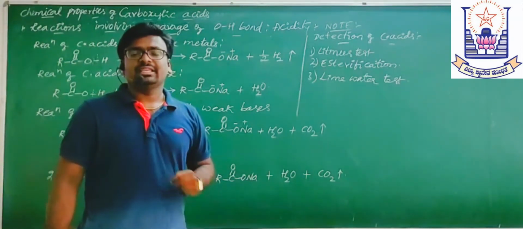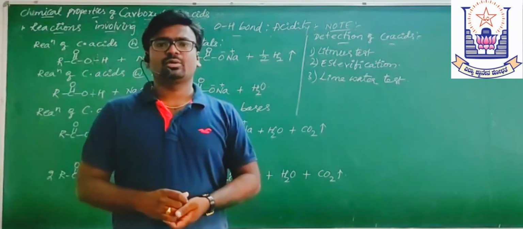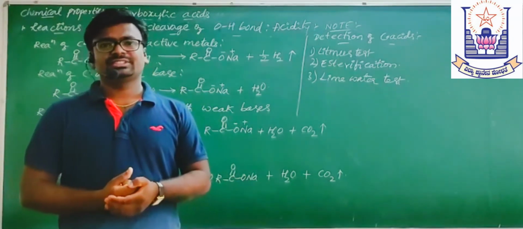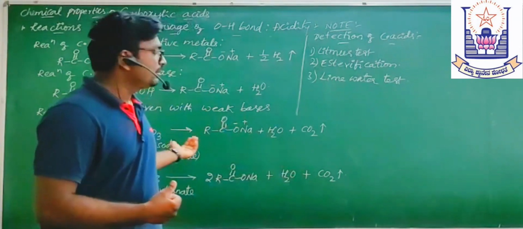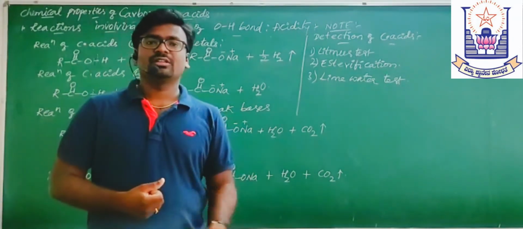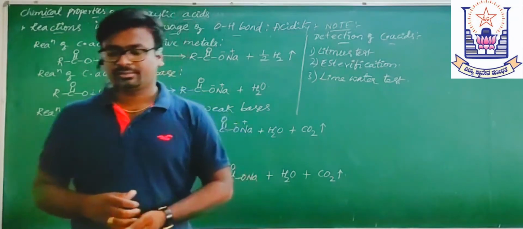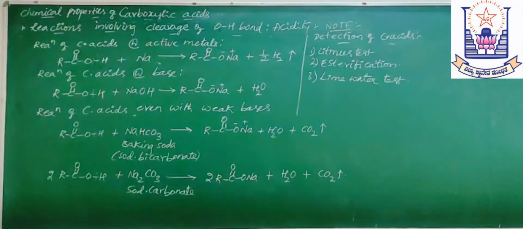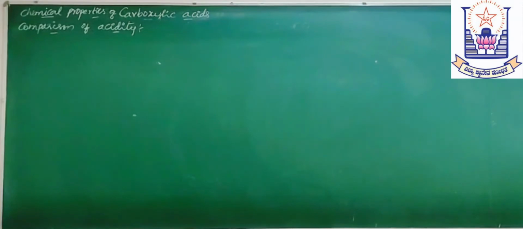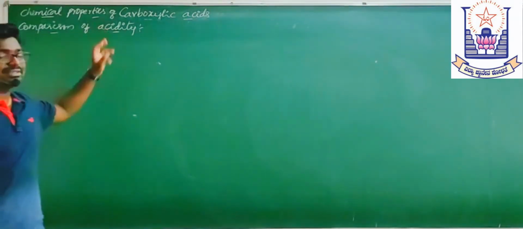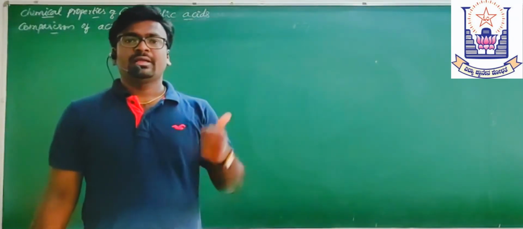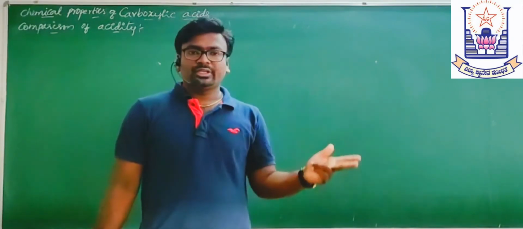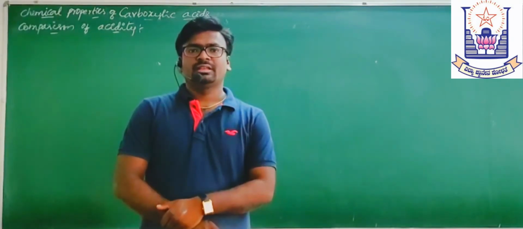Yes, here we have to discuss the comparison of acidity of these carboxylic acids with the mineral acids and the phenols, alcohols, etc. Here we are going to discuss the comparison of acidity between carboxylic acids, mineral acids, phenols and alcohols.